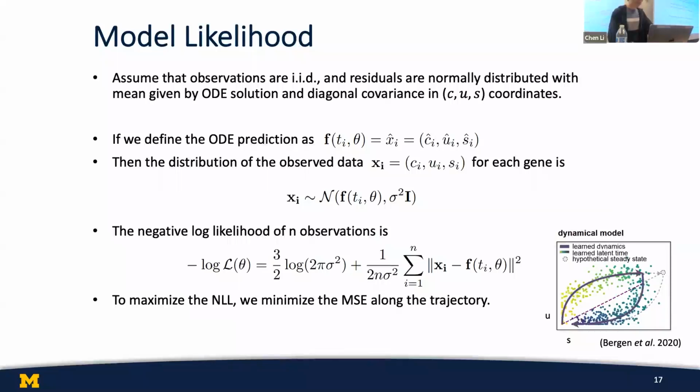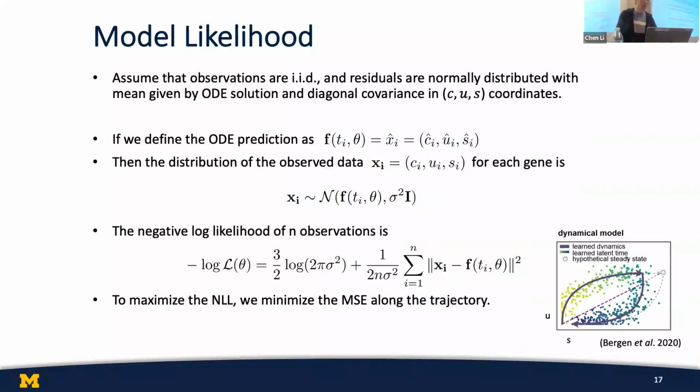The goal here is like other optimization algorithms. We want to fit a fast trajectory to the observations and solve the rate parameters. We assume that the observations are IID and the residuals are normally distributed along the true ODE solution. And we assume diagonal covariance in all three coordinates.